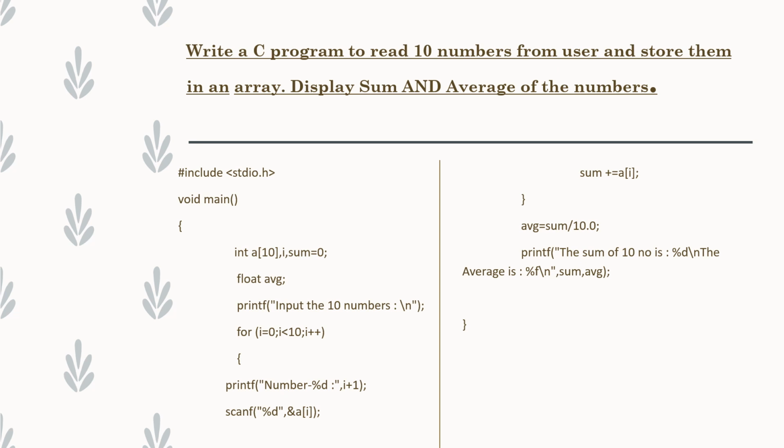If I have mentioned printf here and I'm not mentioning the header file, my compiler will not get to know what is the meaning of this statement. Okay, so the basic interface is provided by this header file.